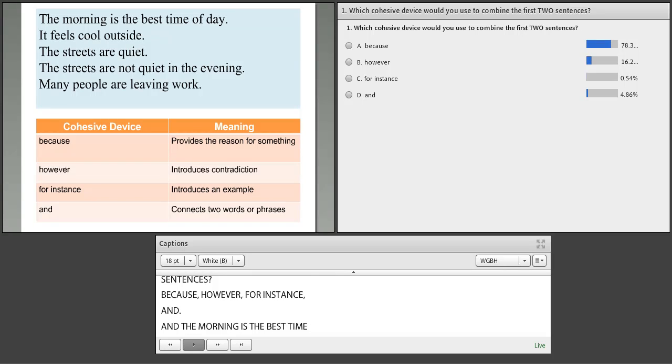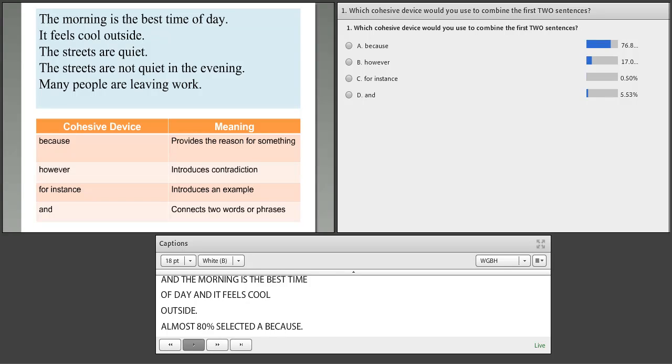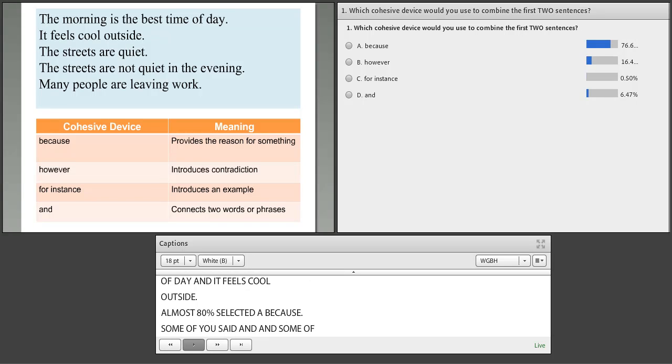It feels cool outside. Looks like many of you, almost 80%, selected A, because. Some of you also said and some of you said however. I think there could be more than one right answer here. I think either because or and works well because these sentences go together.